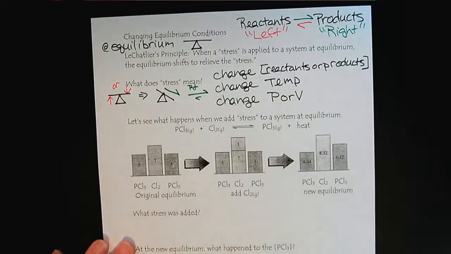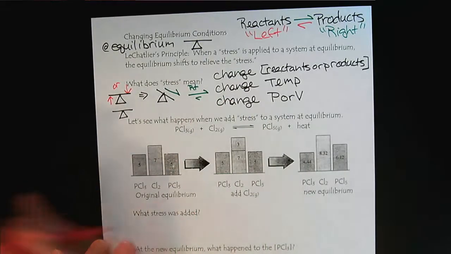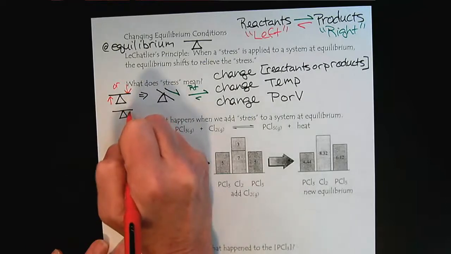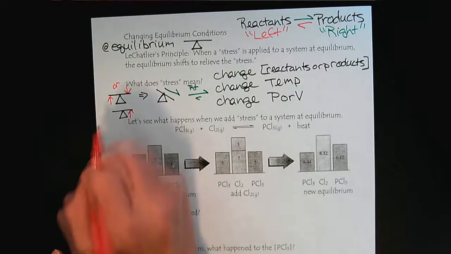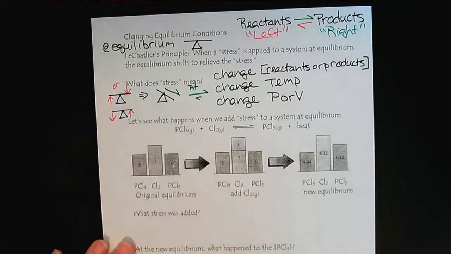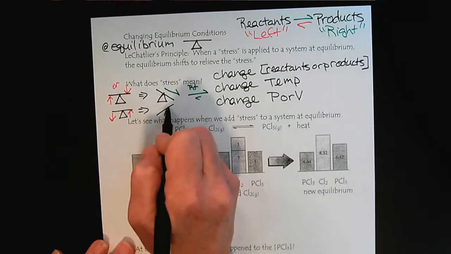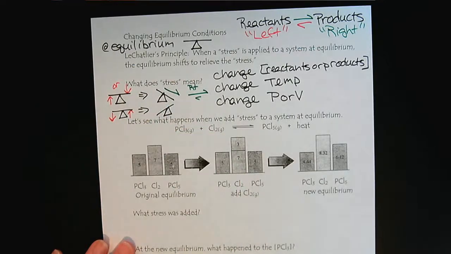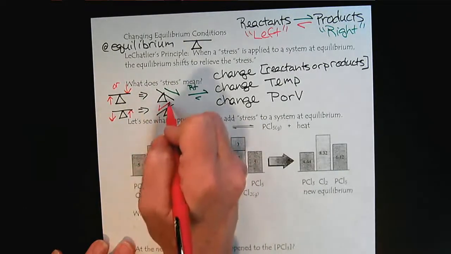If, on the other hand, our system's at equilibrium, we have the option to do the reverse. We could increase something on the product side or decrease something on the reactant side. And so what will that do to our teeter-totter? It's going to slide our teeter-totter to the right, or excuse me, to the left.